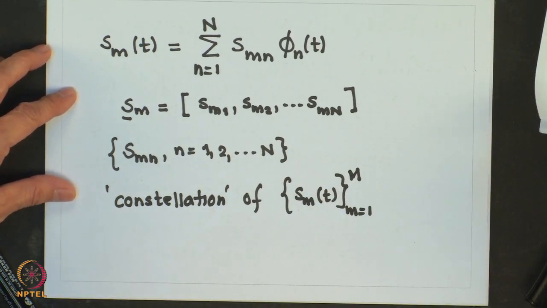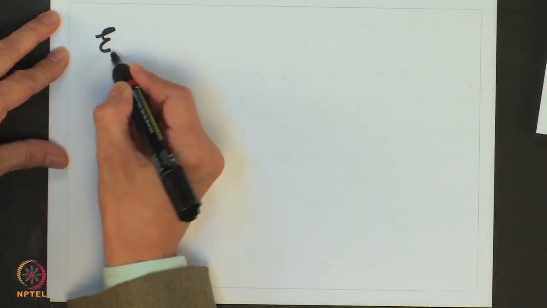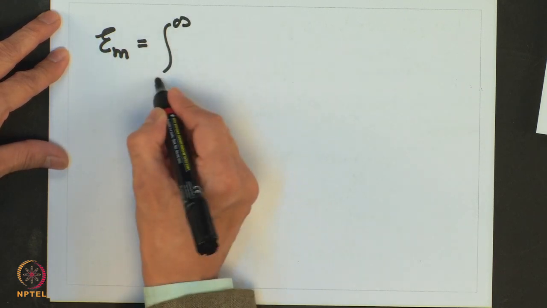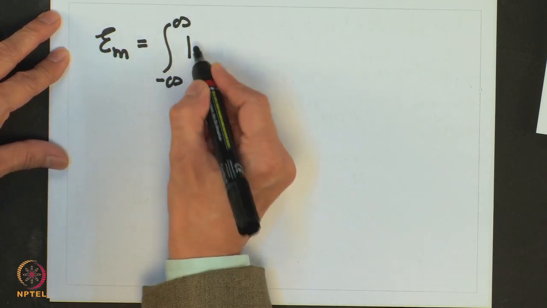Now, from the orthonormality of the basis phi n(t), it follows that the energy in each of these given signals can be computed as follows.